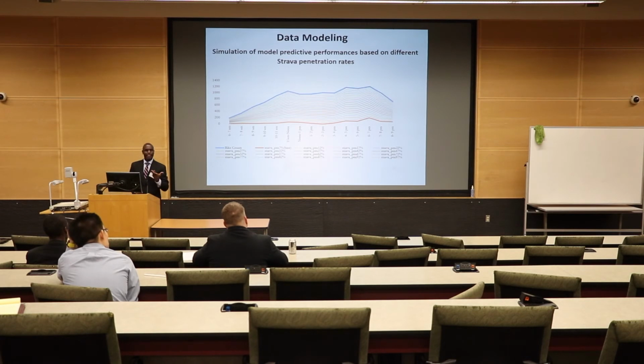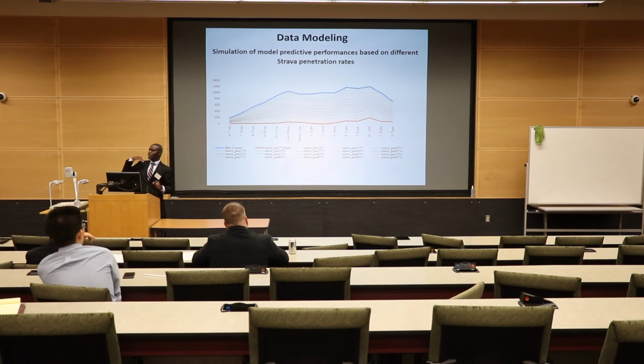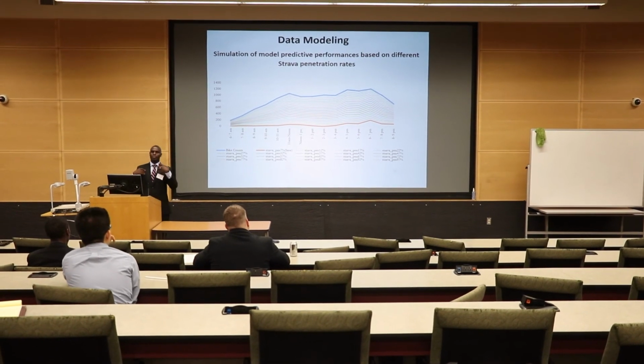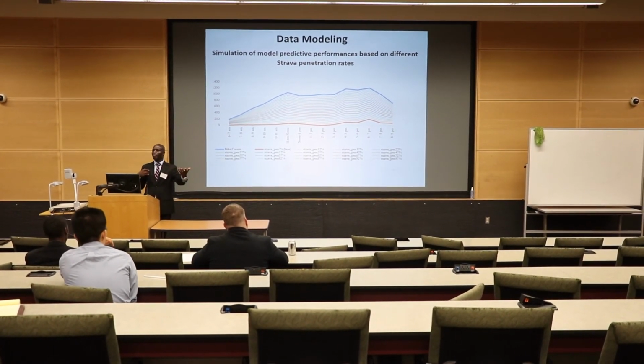But the other thing that we thought about is that at the moment we have a 70% penetration rate of Strava data, people who are using Strava app. What would happen if that penetration rate increases? Is that going to be a good thing in terms of predicting what is happening in terms of the number of cyclists?